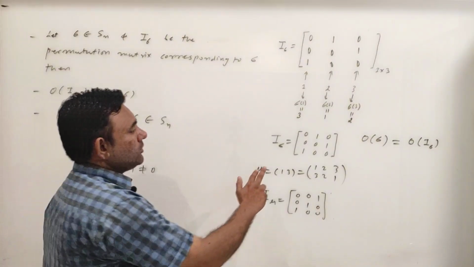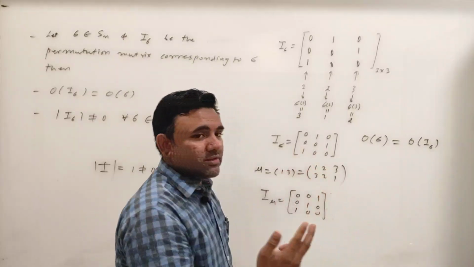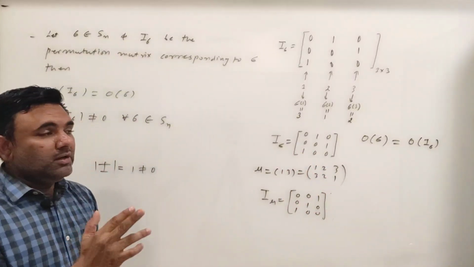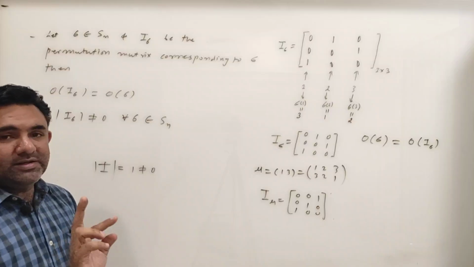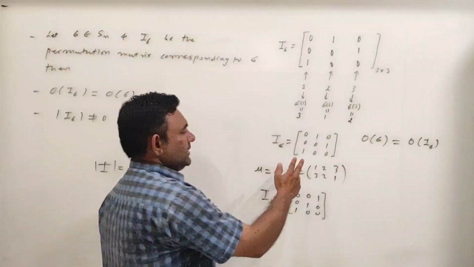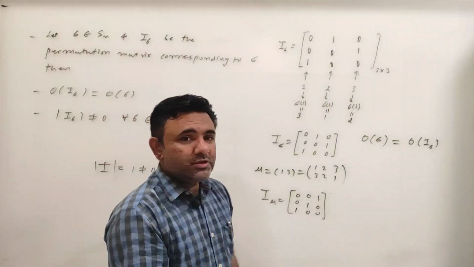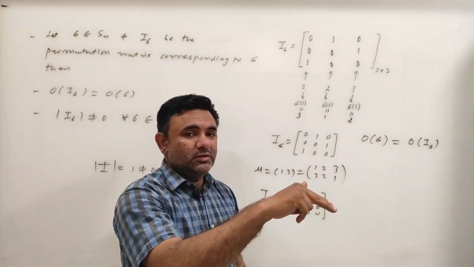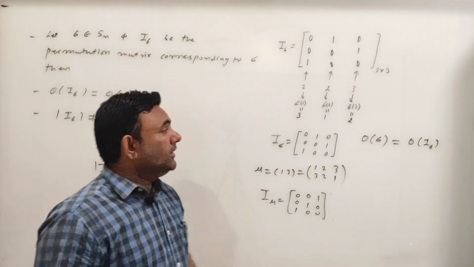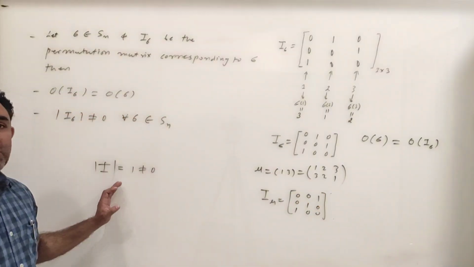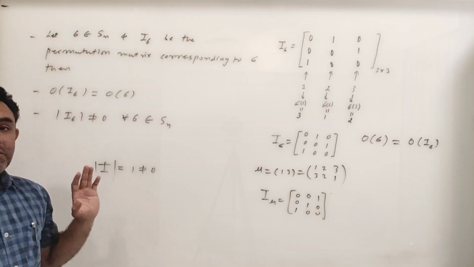By interchanging the columns, the value of the determinant will just change by a minus sign. So if you interchange two columns, the determinant becomes -1. If you again interchange two columns, it becomes negative negative, plus 1. So its determinant will be either 1 or -1. So ultimately it is non-zero.